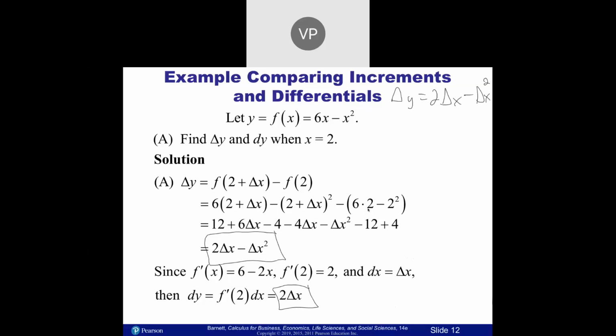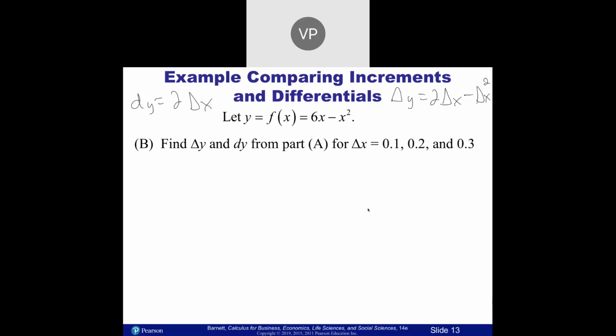And then dy equals 2 delta x. Okay, so they're saying use the stuff from the first one. And now we want to know what's delta y and dy given that we have these different delta x values. Okay, so treat this like three different problems.